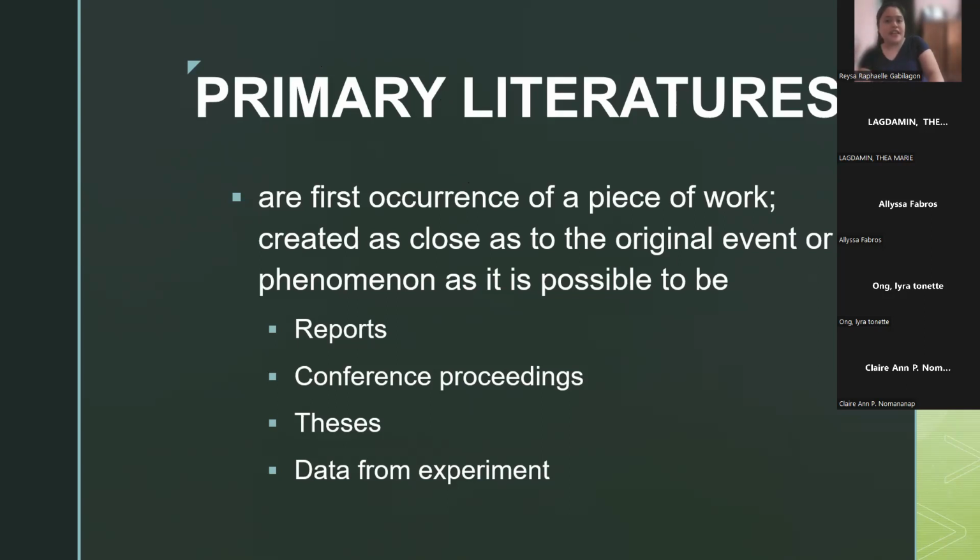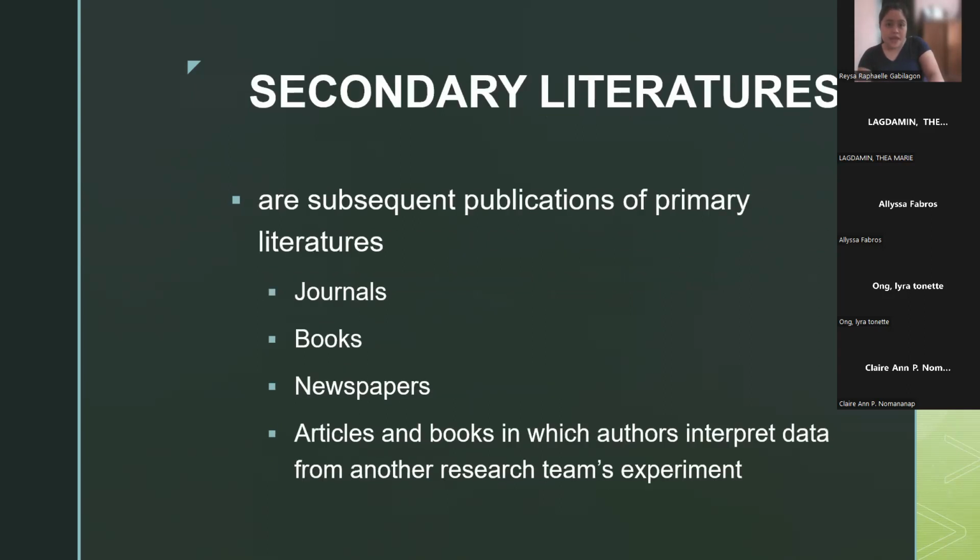So, this is created as close as to the original event or phenomenon as it is possible to be. So yung mga reports of surveys, for example, yung mga conference proceedings, thesis especially, and mga data from the experiment, all of them are considered primary literatures. Okay? Kasi again, they are the original piece of work for that certain topic.